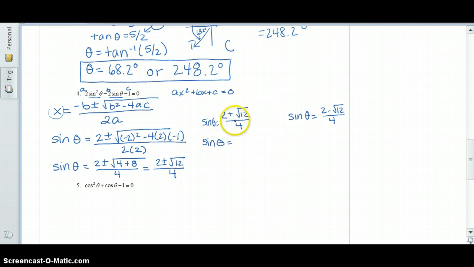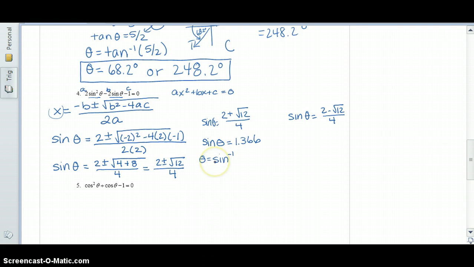So on your calculator, if you were to press 2 plus the square root of 12, close parentheses, and then press enter, and then divide by 4, you should get 1.366.